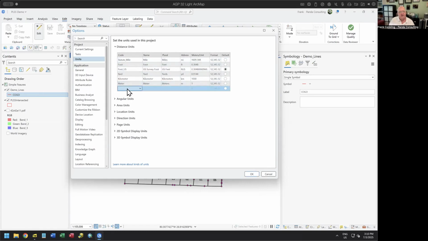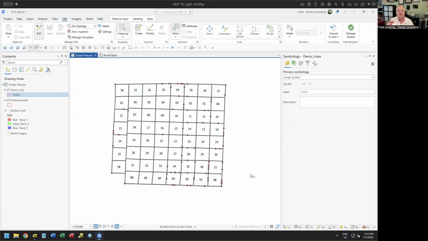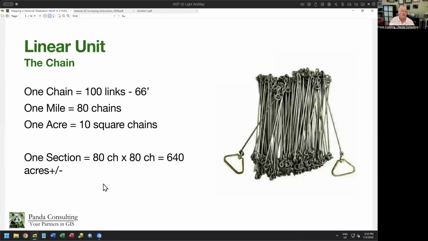Well, I can actually click on this and pull it down, and I can see the chains, and it tells you that there actually were some variations on the chains. By default, you can just say a regular chain. It will give you the equivalence of how big a chain is related to a meter on here. So if you're going to deal with public land surveys inside of here, you might want to start using chains because that's what the original plats were referenced as.